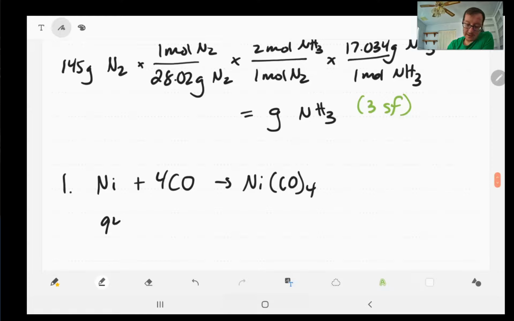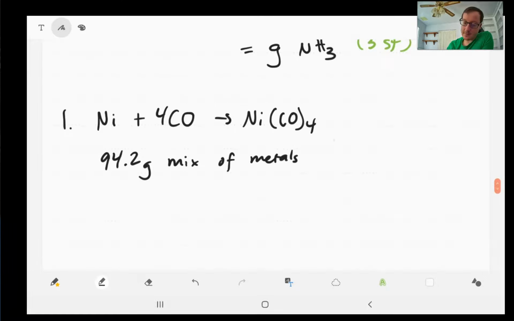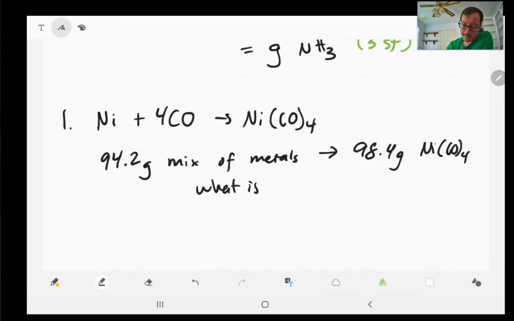We have 94.2 grams of a mix of metals, and we are going to end up with 98.4 grams of this complex here. What is the mass percent of nickel in the original mixture of metals?